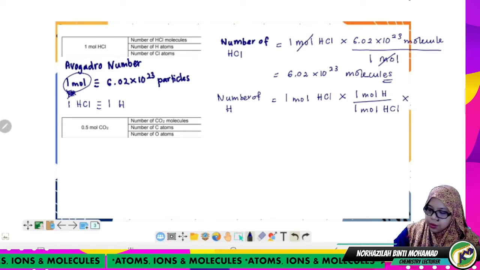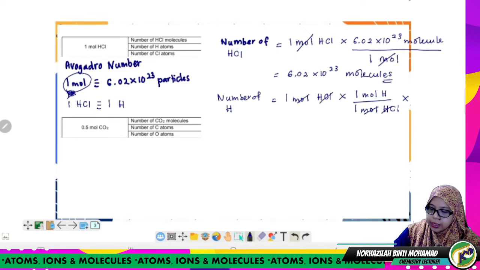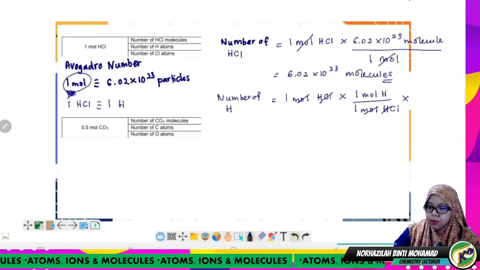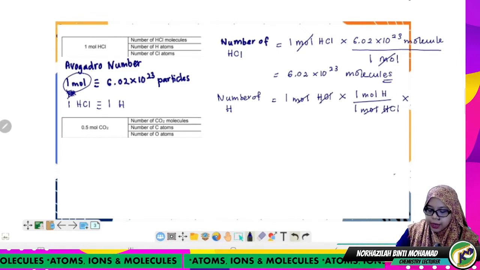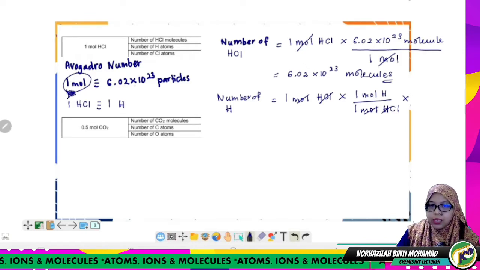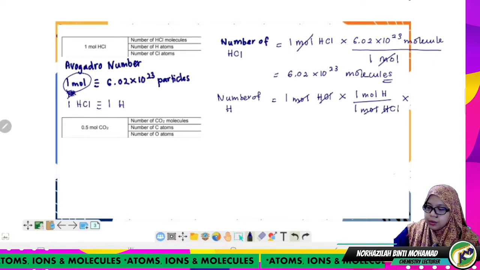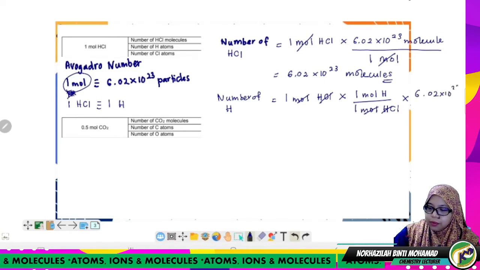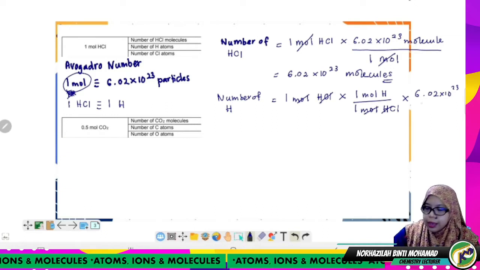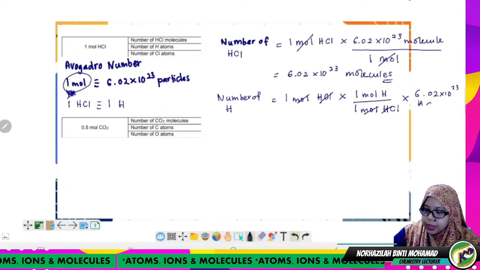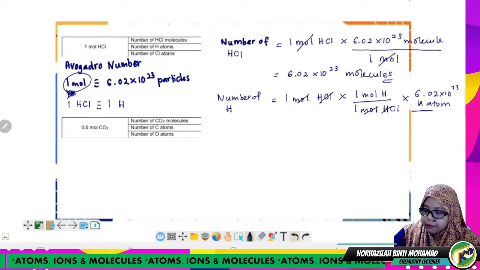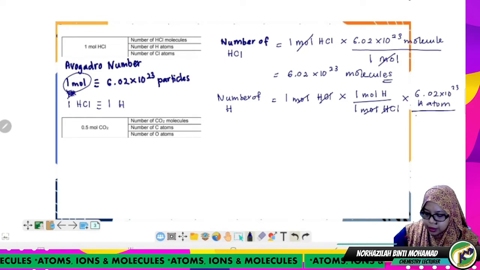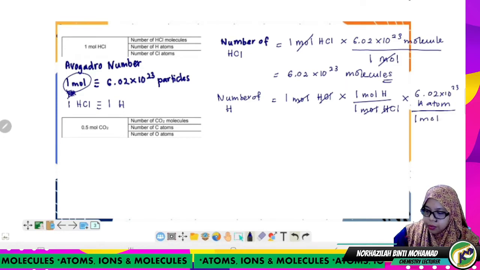So we can cancel HCl, and we will get mole hydrogen. We know that 1 mole of any particle contains 6.02 exponent 23 particles. We want to know the number of particles, so it will be times 6.02 10 to the power of 23 hydrogen atoms divided by 1 mole hydrogen.